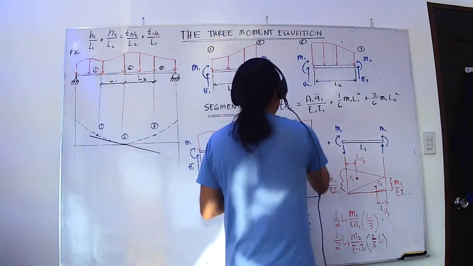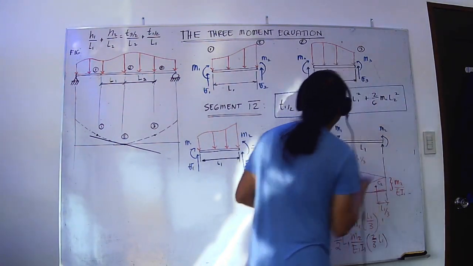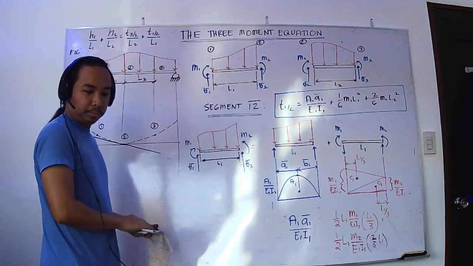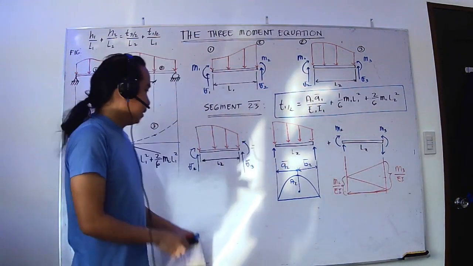Okay? So we have this expression for T1 to 2. So we move on.